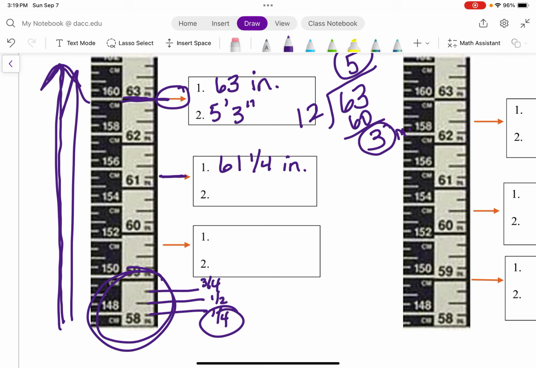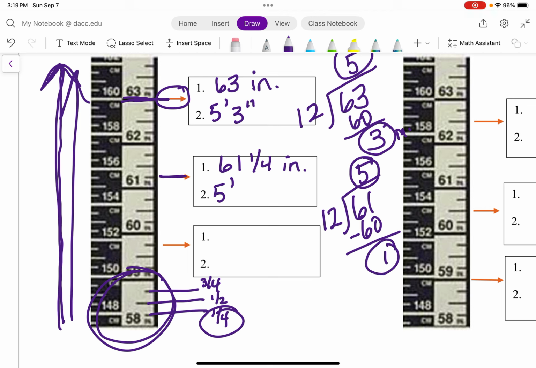So once again, we could do our division, 61 divided by 12. We know it can go in 5 times because that's once again 60. Now we have 1 left over. So we know it's 5 feet. We've got 1 inch left, but we have more than 1 inch, because if we write the 1 inch, don't forget the quarter. So 1¼ inches.